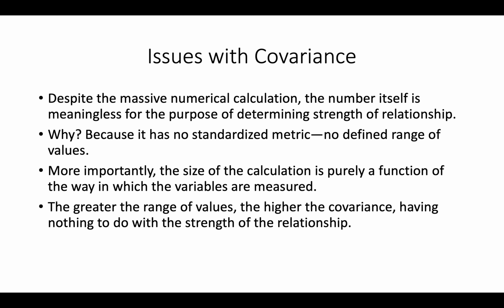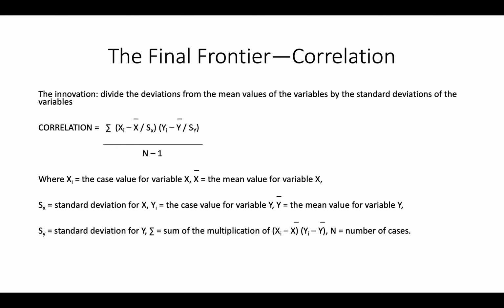The correlation formula corrects for this by adding the standard deviation, which is S sub x for variable x, and S sub y for variable y. This correction standardizes the calculation, and in fact is very much akin to a z-score that we had calculated in the POLS 298 course.